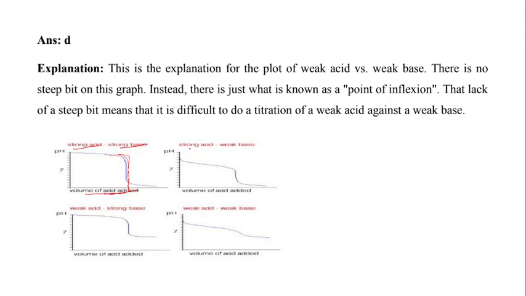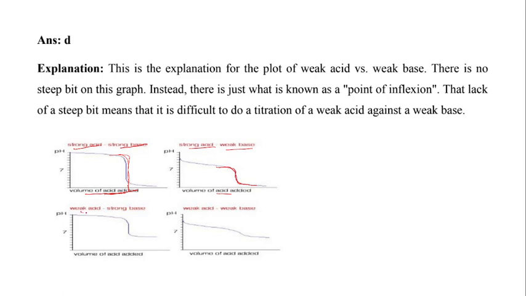Second, in the second case, it is strong acid and weak base. It is a strong acid, so you are adding volume of acid. Here the decrease in pH is not sharp. It is decreasing, but it is not a sharp line, not a straight linear curve.